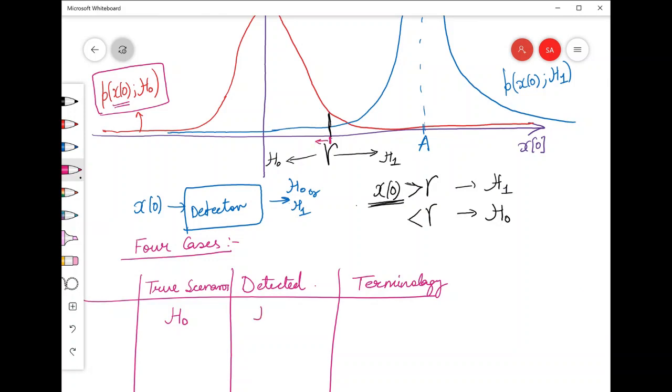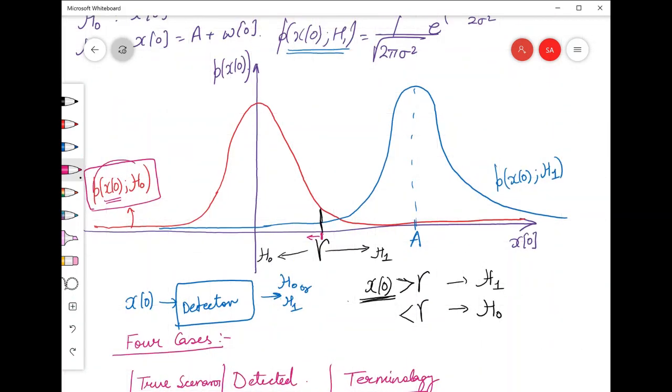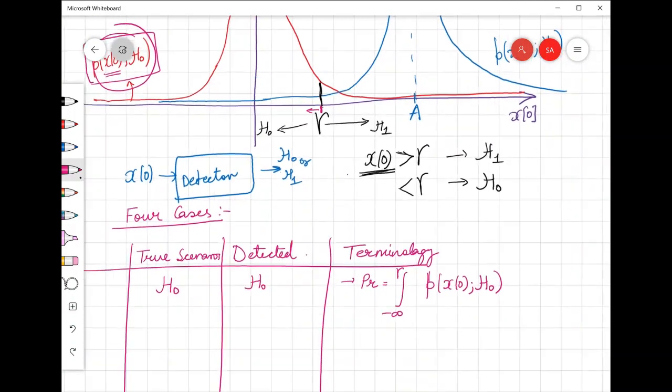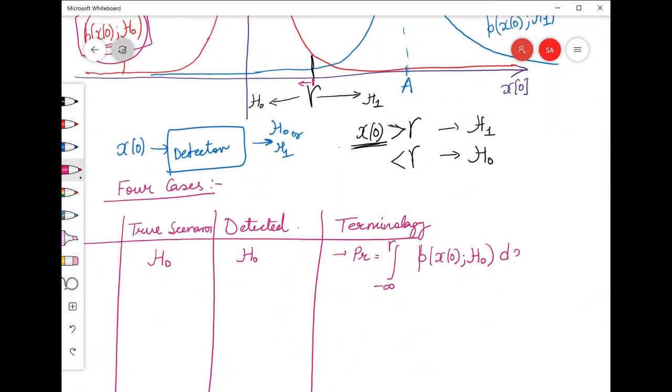So if you detected H0, what is the probability? This is again a Gaussian curve, so you will integrate from minus infinity to gamma. The PDF of this curve is probability of x0 given H0, which is given by this expression here, and then dx0.